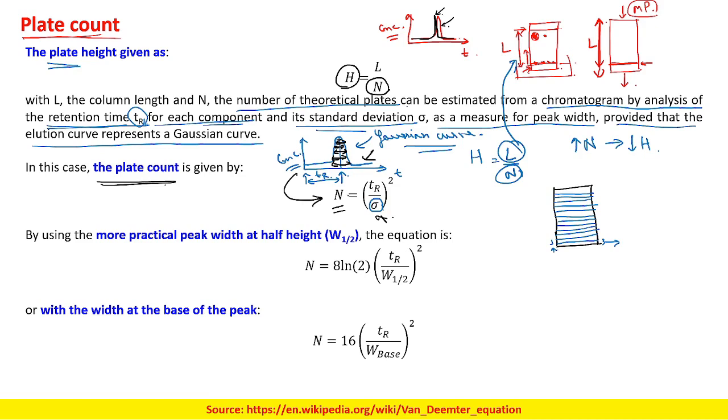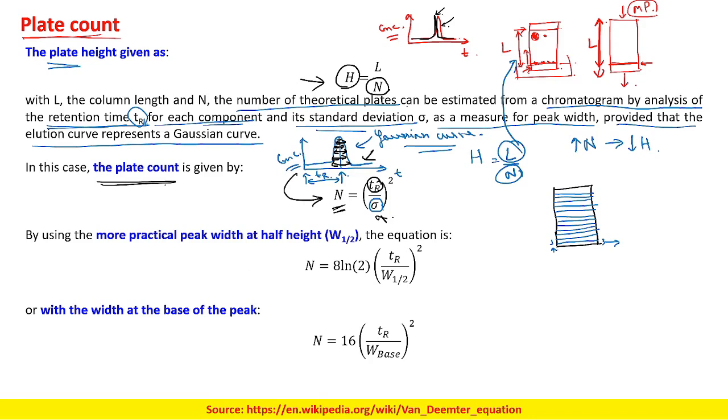Once you get the number of the plates, you can calculate the height of the plates. Okay. Now n is equal to Tr by sigma whole square. Tr I have already told you, you can calculate it from the time axis, and sigma you can find out from the curve. Okay. However, if you see over here, calculating each of the widths over here is practically impossible. We cannot do that.